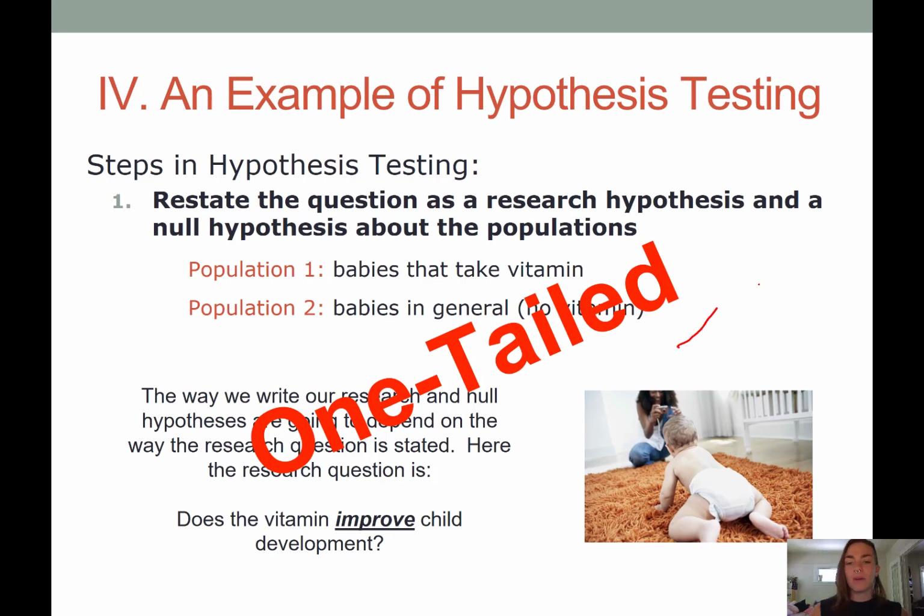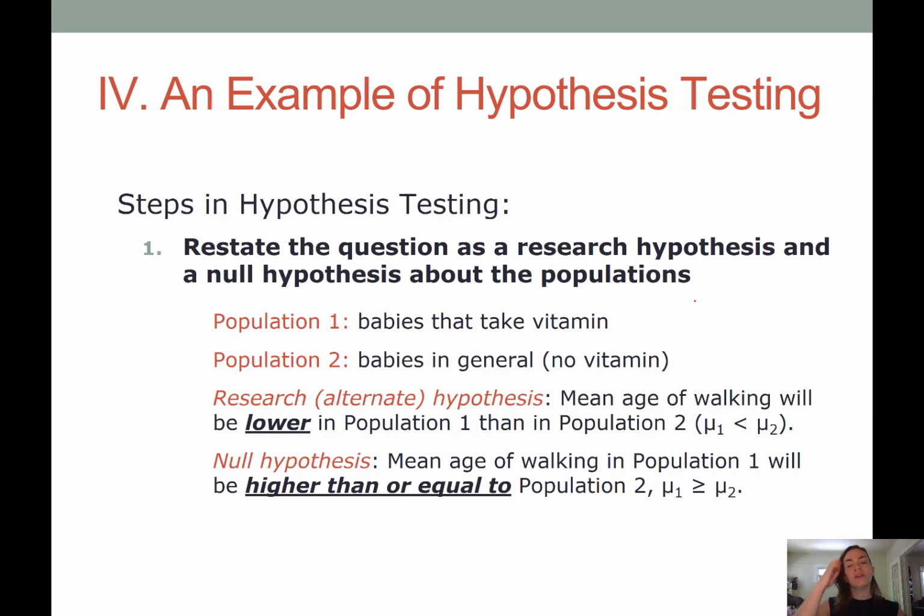So in other words, I'm going to look only in the lower tail because I want to know if population 1 has a lower mean than population 2. So note here that the research hypothesis will state that the mean age of walking, or the mean walking age, will be lower in population 1 than in population 2.